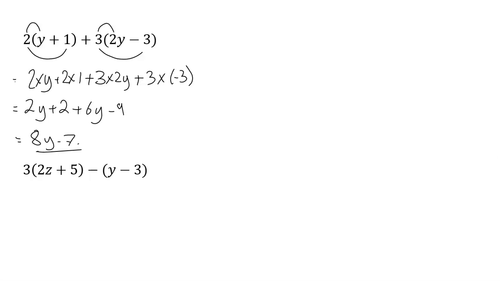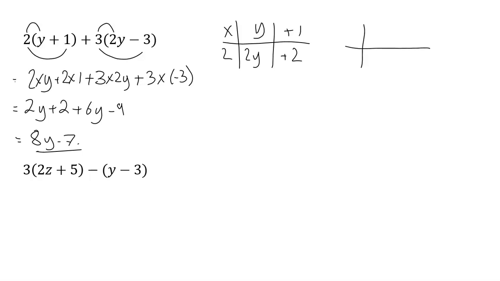This would be fine and similarly done if we used a table. So we could do the first bracket, the 2 times the y plus 1, and we get 2y plus 2, exactly as we got there. I'd then do my second one, and I'd remember when I did it, I'd take the minus in with the 3, there's my times again, and I'd take the sign with the 3 that's outside the bracket, so it'd be plus 3.